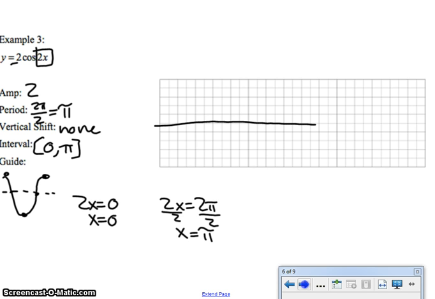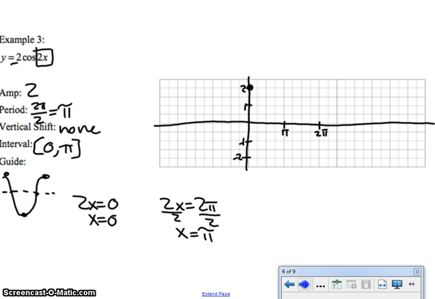So when we graph this, I'm going to make every 2 one here. That should get us to our amplitude of 2. All right, so my interval tells me I'm starting at 0, and since it's cosine, I'm going to start at my max, which is 2, because our amp is 2.